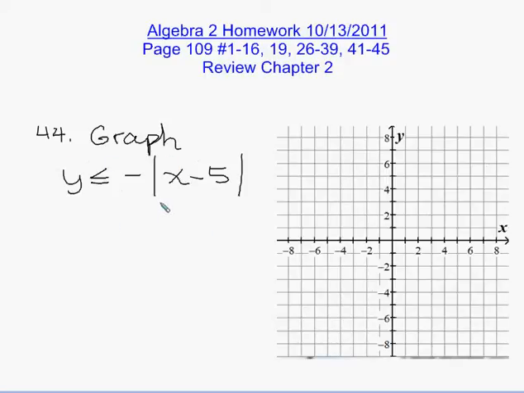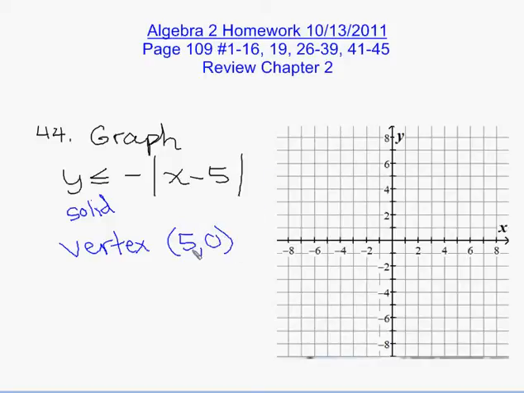This one's an absolute value graph and is an inequality. So it's going to be a V shape and it's going to have shading. It's going to have a solid line, all right, solid because it has the equals part. To graph an absolute value graph, we need to first find the vertex. The vertex of this absolute value function is 5, 0.